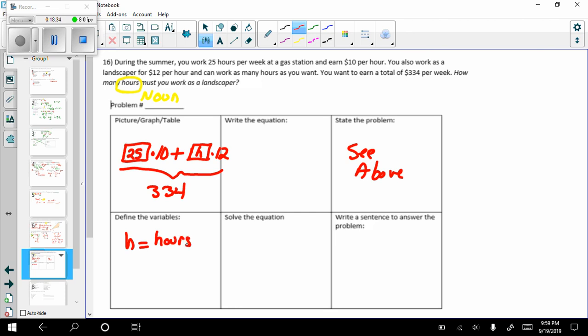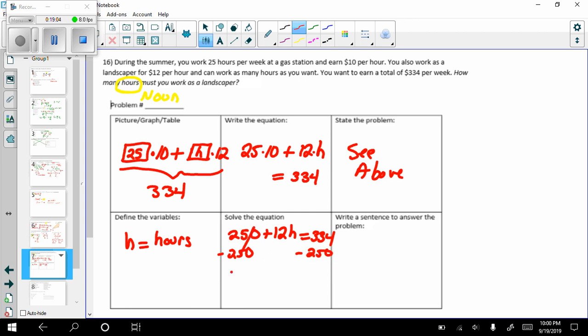I'm going to use this diagram to set up my equation. This is going to be 25 times 10 plus 12 times H equals 334. Now I'm just going to solve it below. 250 plus 12H equals 334. I'm going to subtract 250 from both sides.